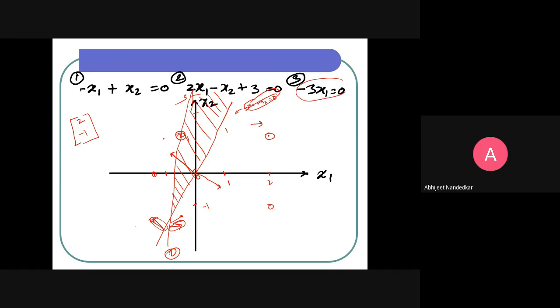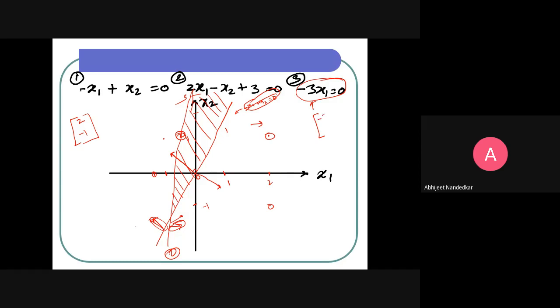Now the third one is implementing minus 3x1. So where is this line? Can you tell me where is this line? It is simple: you collect the coefficients. Which side of the line is this one?